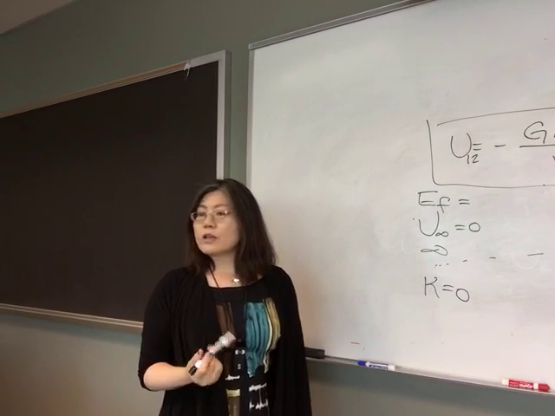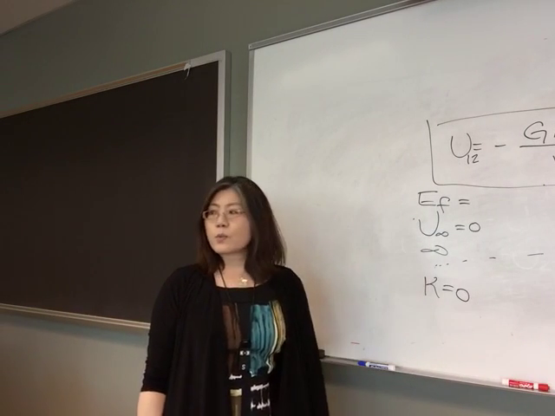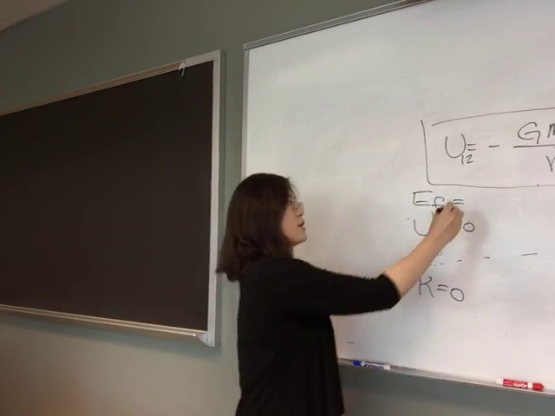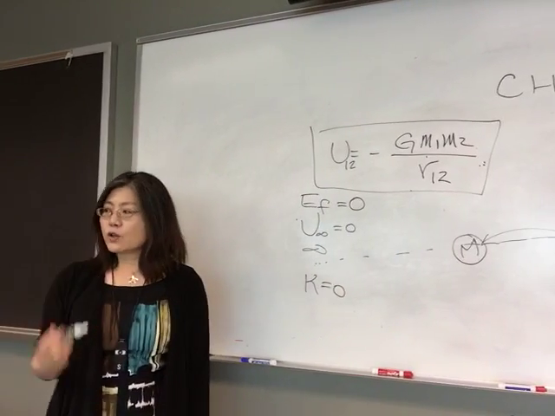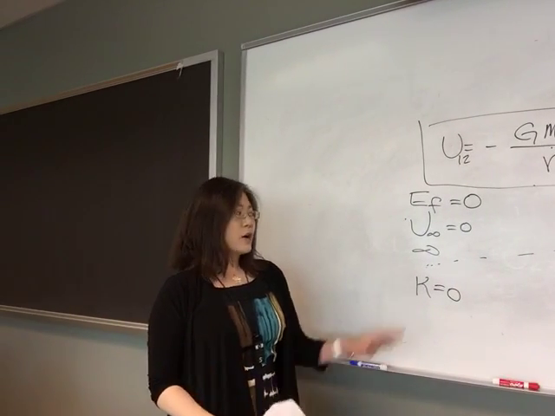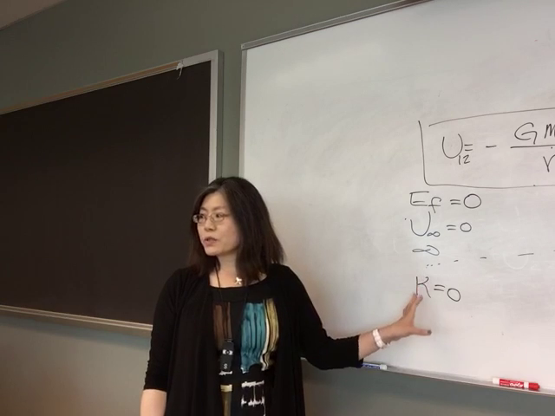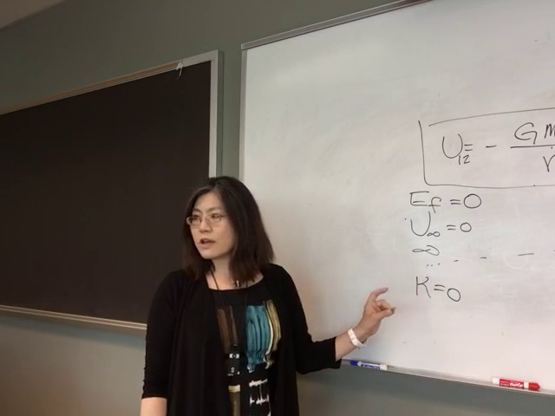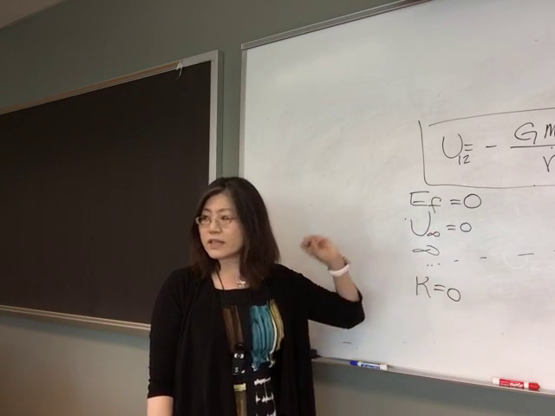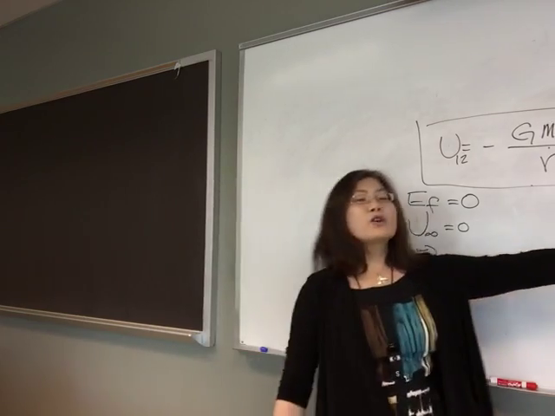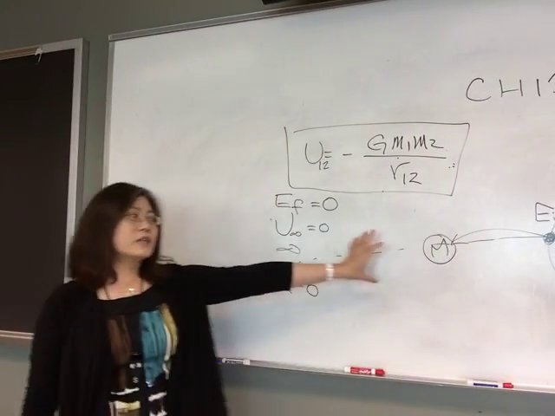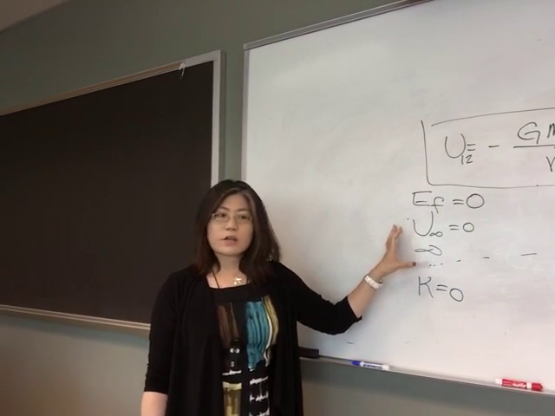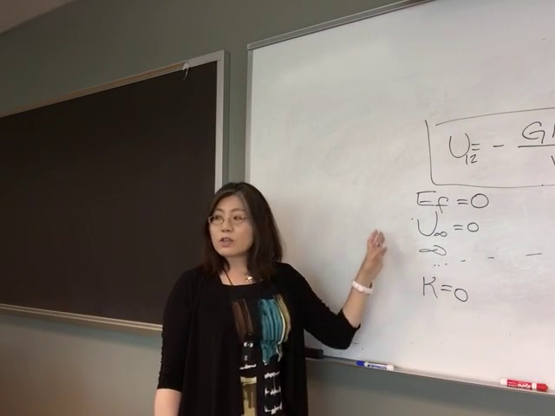The total mechanical energy at the edge of the universe would be 0, because we don't have any potential energy and you can't go any further, so you come to a stop. There's no kinetic energy. It's all hypothetical. So if you want to go to the edge of the universe, the total energy at this point is 0.